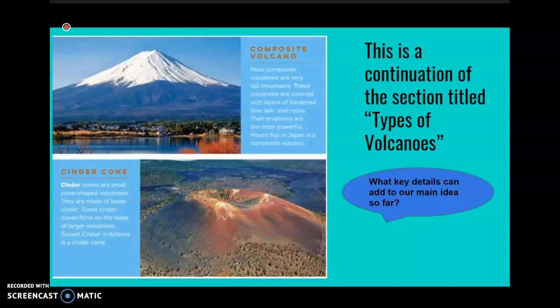Now, remember, a good reader and a good student who responds is very specific. So, Antonio, tell me, which type of volcano tends to be taller than the other ones? Which one? Be very specific with your detail.